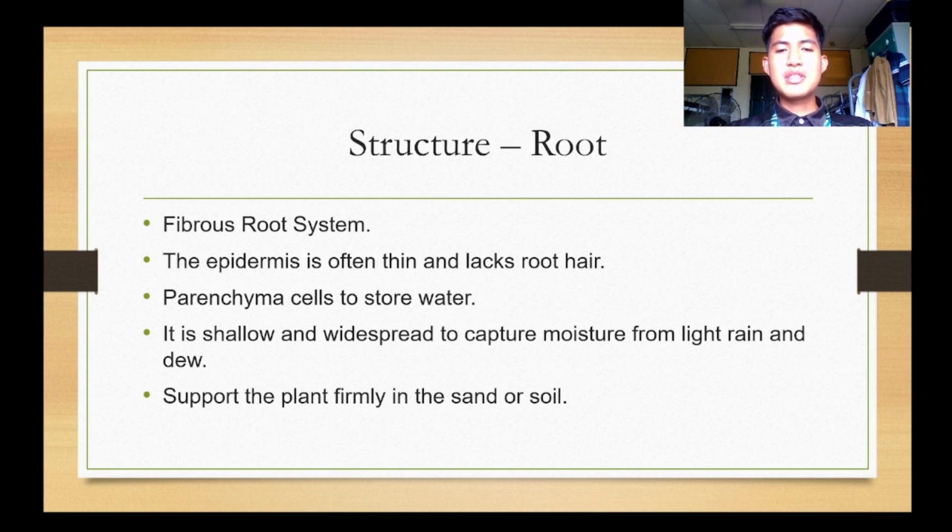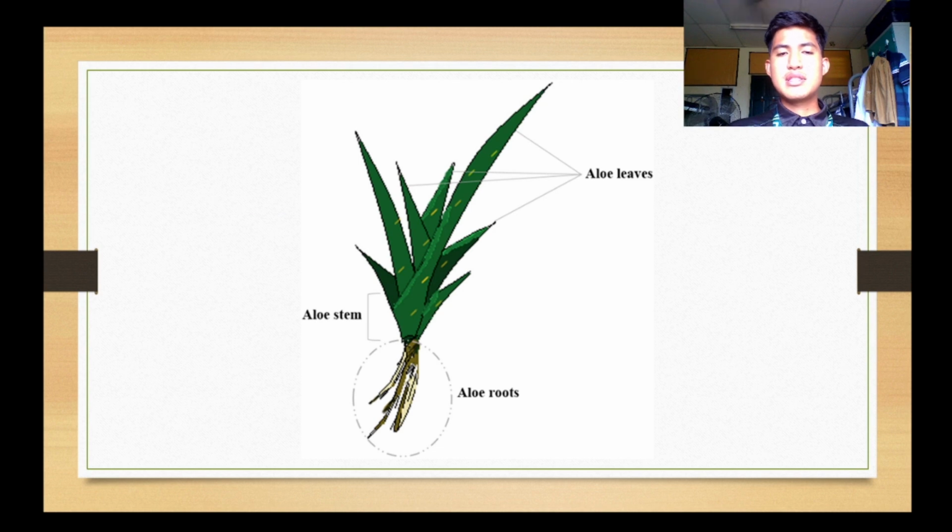The epidermis is often thin and lacks root hairs, which means aloe vera usually collects water through its leaves, and not just through the roots. The root also contains parenchyma cells to store water, and it is used to support the plant firmly in the sand or soil.